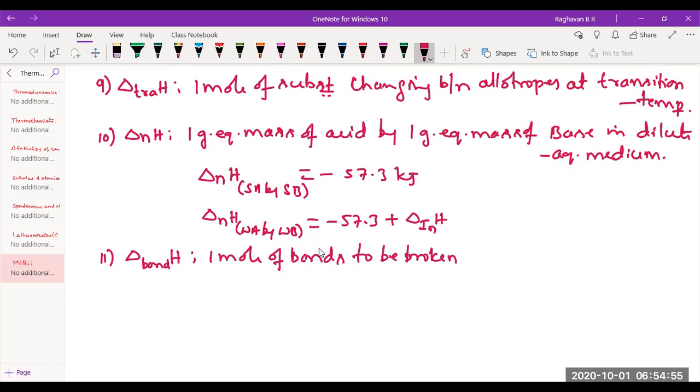It is for 1 mole of bonds to be broken in the gaseous state. That is the condition. Similarly, atomization enthalpy, it is for 1 mole of a substance completely.